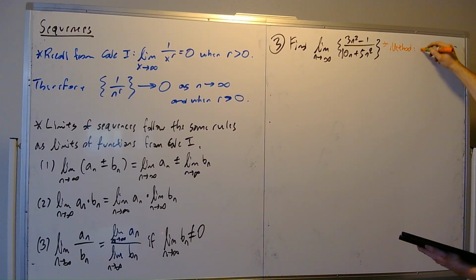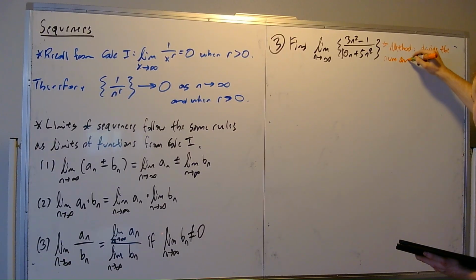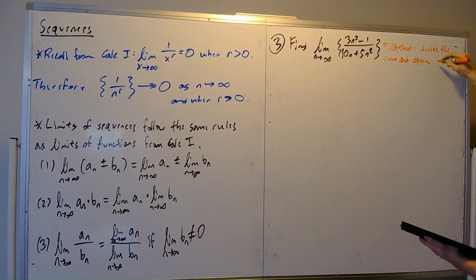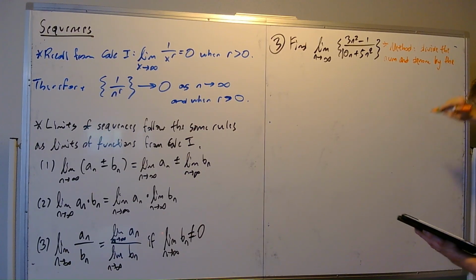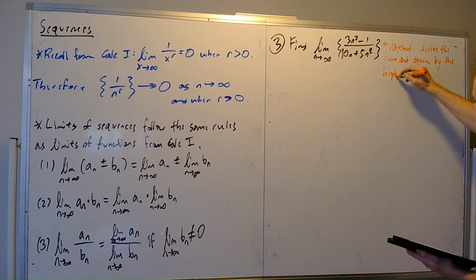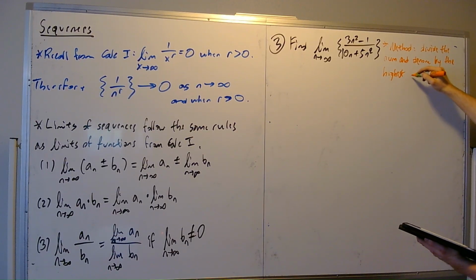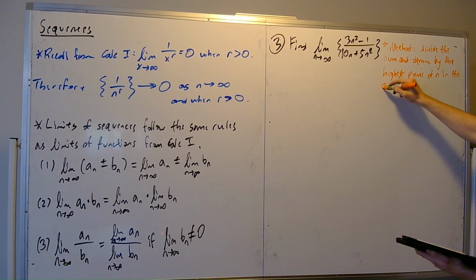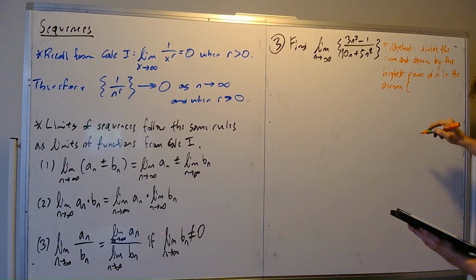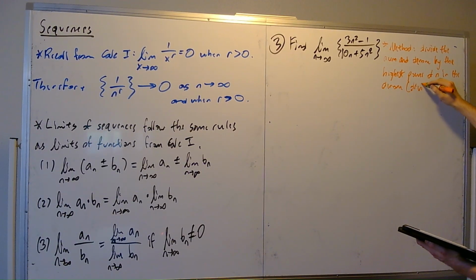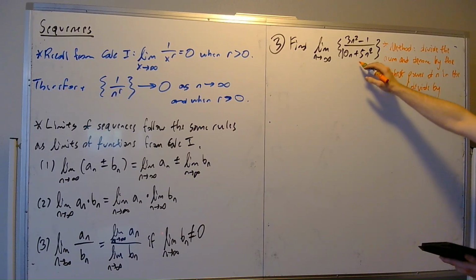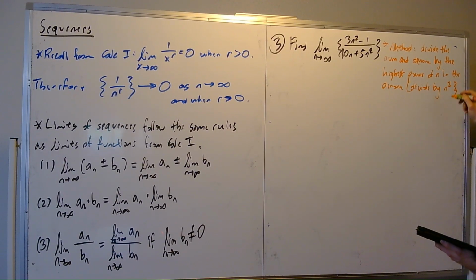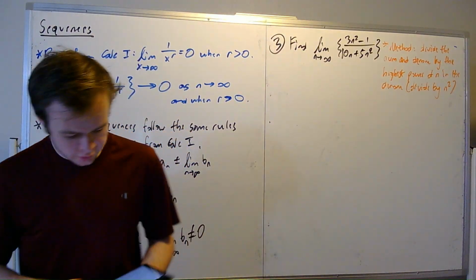So divide the numerator and denominator by the highest power of n in the denominator. In this case, we're going to divide by the highest power in the denominator, which is n squared. So that's what we need to do.